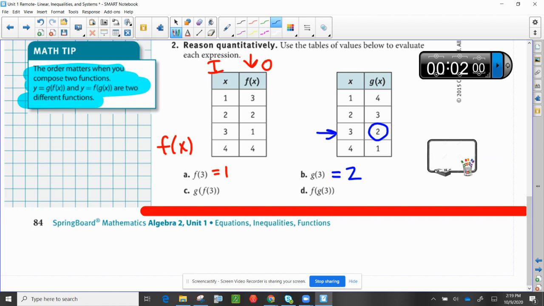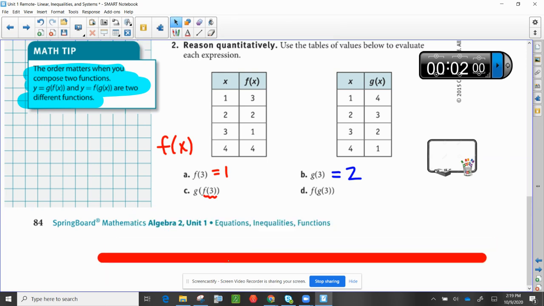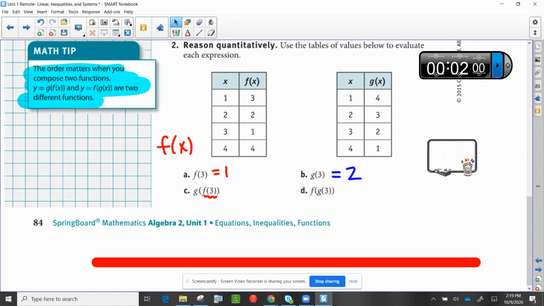The next one is where we're going to find a composition. That means we have our inner function and our outer function. We're going to start with f of 3. We evaluate the inner function first, and then that helps us do the outer function. We already did this one: f of 3 was 1.